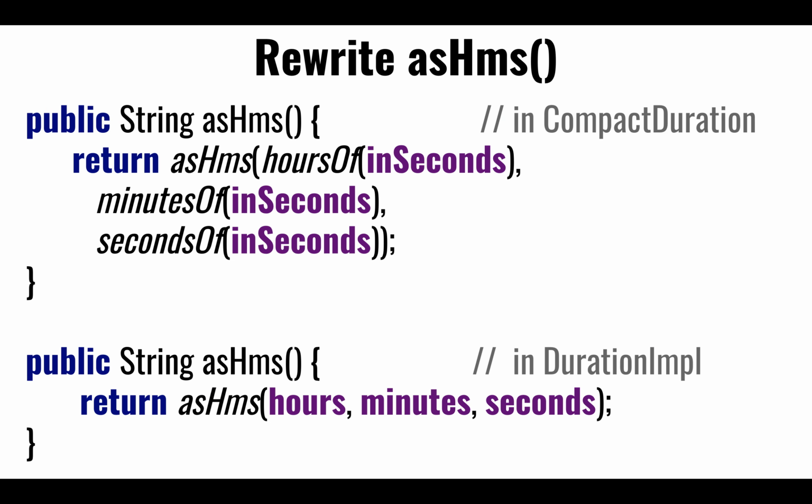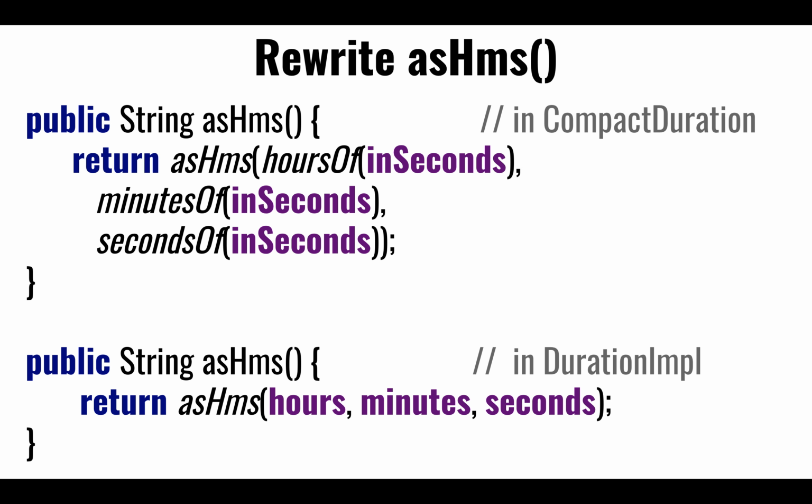Everywhere where we had this formatting, such as in CompactDuration, as the asHms, instead of it doing any formatting, it just passes it along to the abstract implementation, passing the specific in seconds, right?